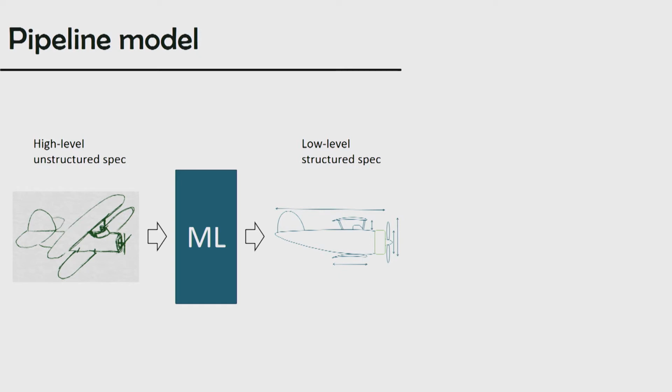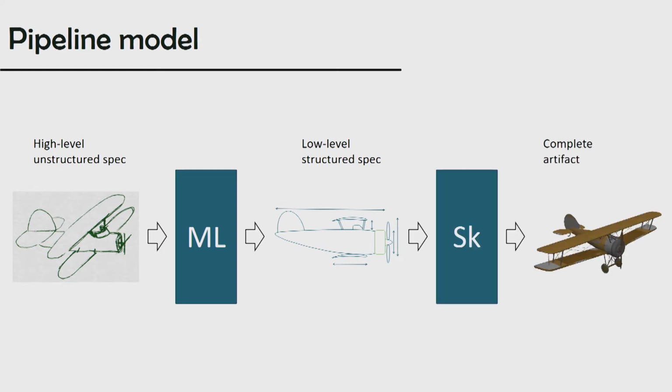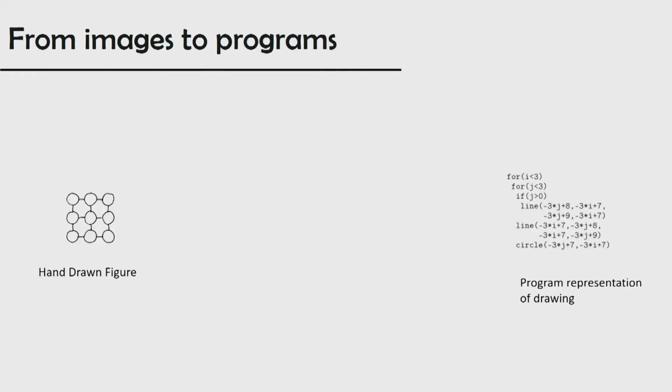Or to put it in pictures, you want to go from a very unstructured, fuzzy representation to something much more formal, that allows you to do the kind of manipulation you need to get the final product that you want.